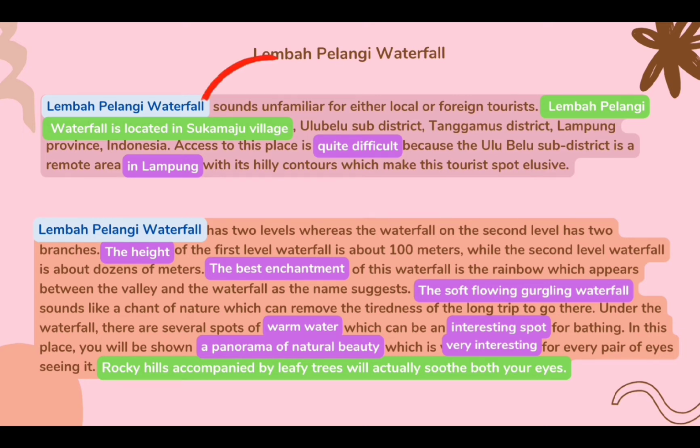The verb sounds is added with s because Lembah Pelangi waterfall is the subject that can be replaced with the pronoun it. So, the verb sound should add an ending s based on the formula of simple present tense. You must have learned about simple present tense, right?